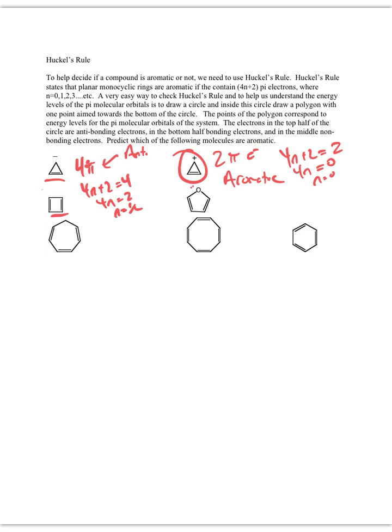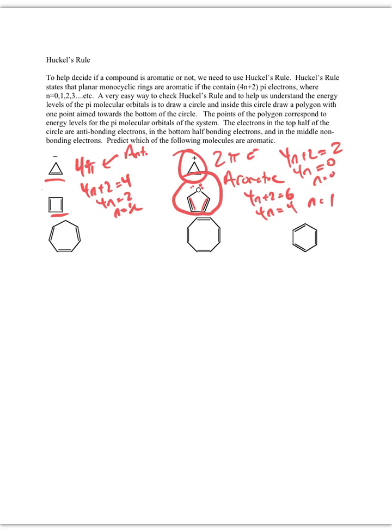Then if we go to furan, which we've named already, we have 6 pi electrons, 2 for one double bond, 2 for the other, and one of the lone pairs could be in one. So 4n plus 2 equals 6, 4n equals 4, n equals 1. Oh, small whole number. Furan is aromatic.